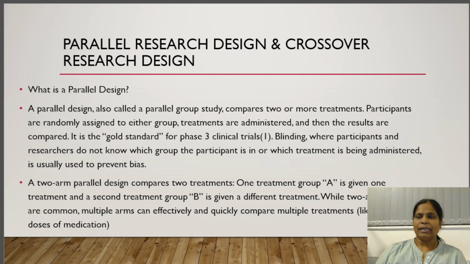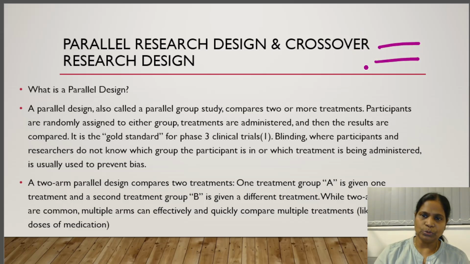What is parallel research design? That word itself, parallel, means two lines, where you select two samples randomly, treat them with different types of treatment, and compare them. It's as simple as that.